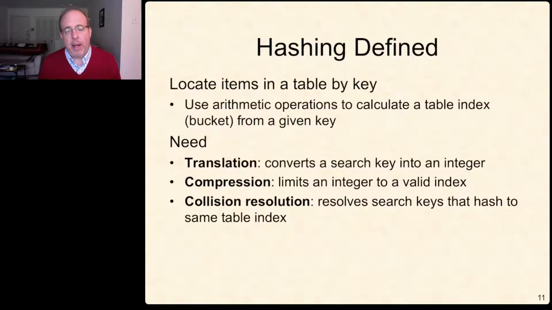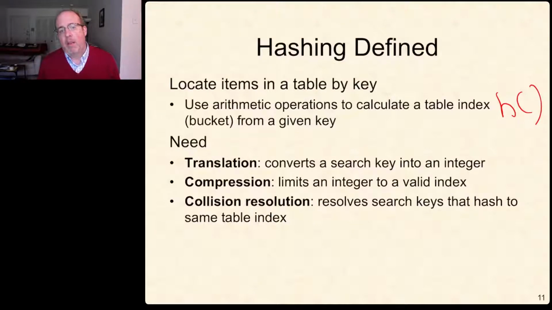We want to locate items in the table by some key. The key space is larger than the table size. So the total number of keys that we could possibly have is larger than the number of entries we have in our table. And so what we're going to do is we're going to define some function, and we'll call it h. And h, given a key, will produce an index into this table.